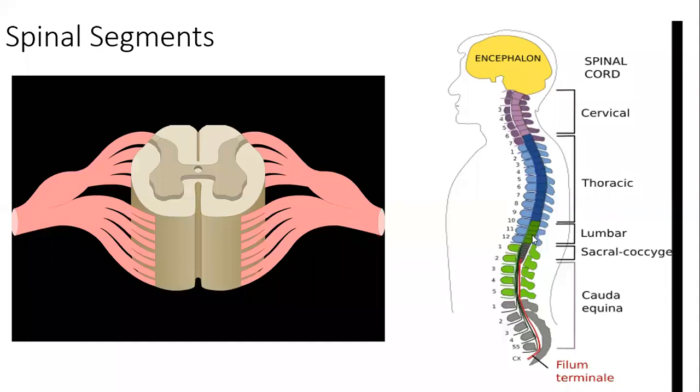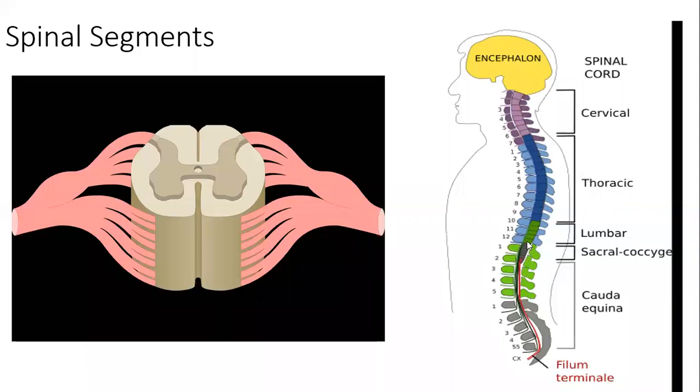We have 5 lumbar spinal nerves, and for them we have 5 lumbar spinal segments. For the sacrum, we have 5 sacral spinal nerves, and for them we have 5 sacral spinal cord segments. 1 coccygeal nerve and 1 coccygeal spinal cord segment.